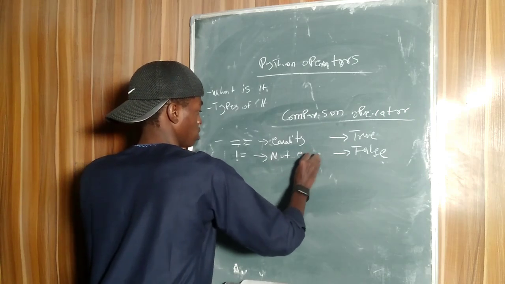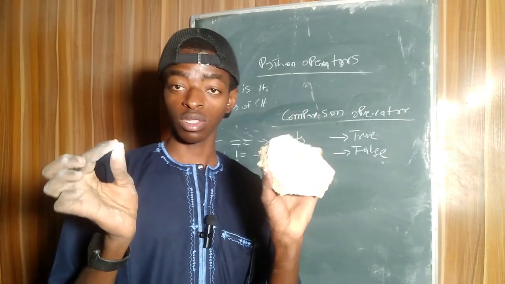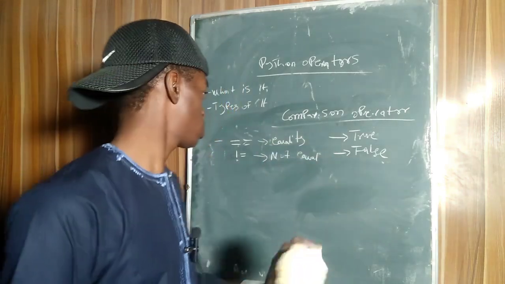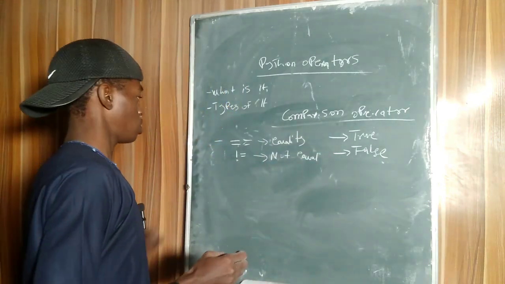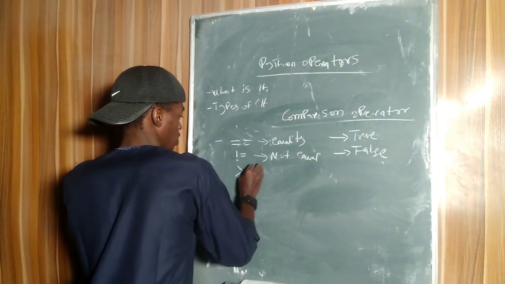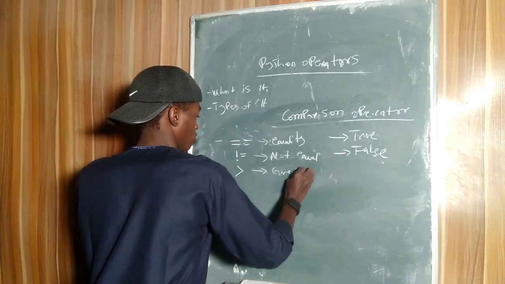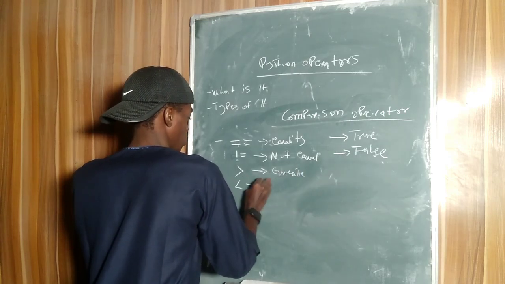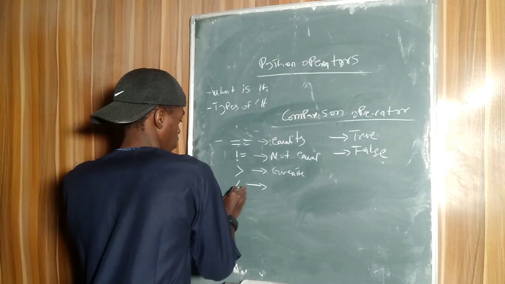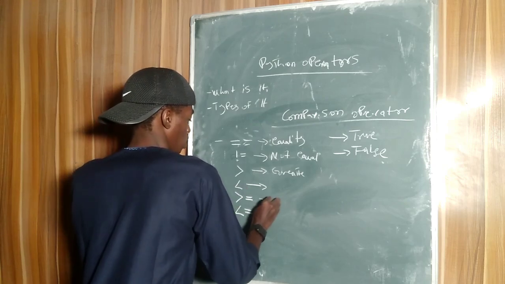It's just like you're asking a question like, this is not equal, right? So this is the same thing as not equal. Then we have greater than, also a comparison operator. We have less than, we have greater than or equal to, we have less than or equal to.